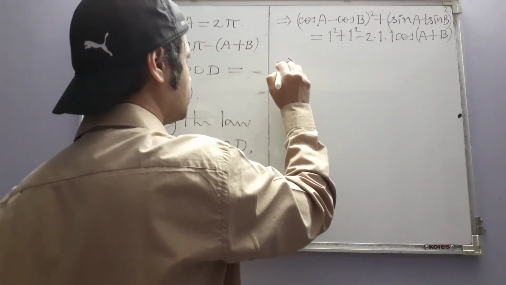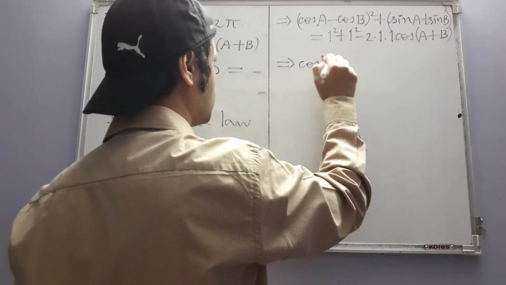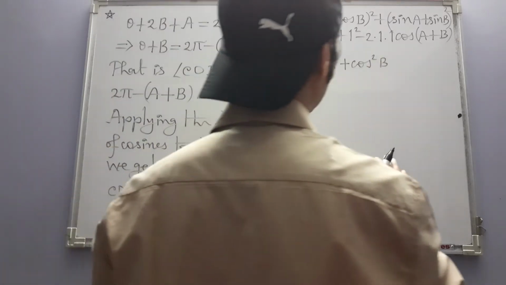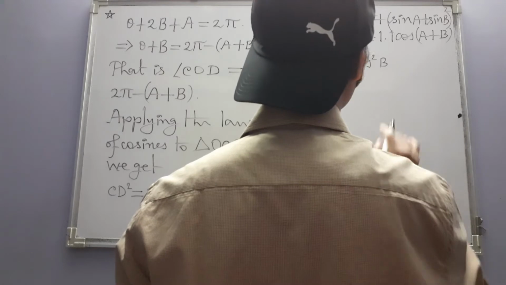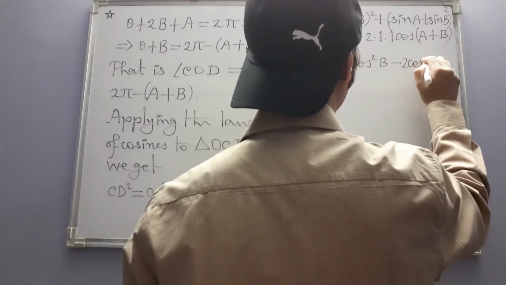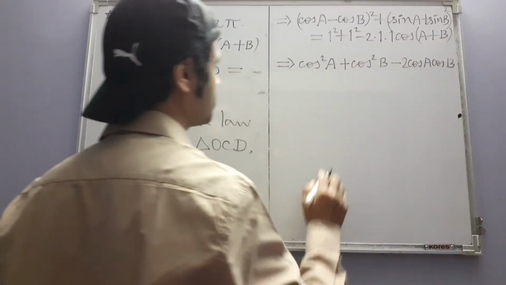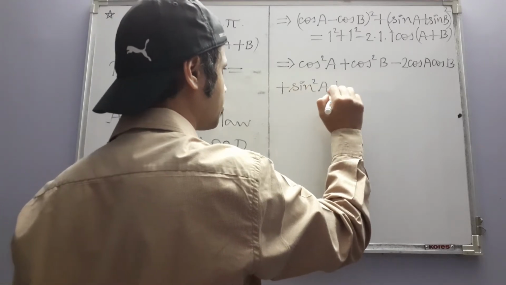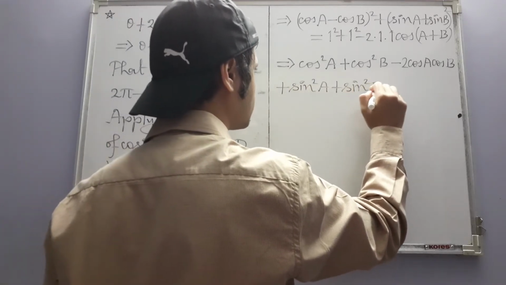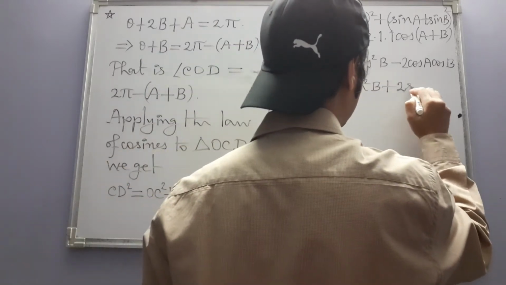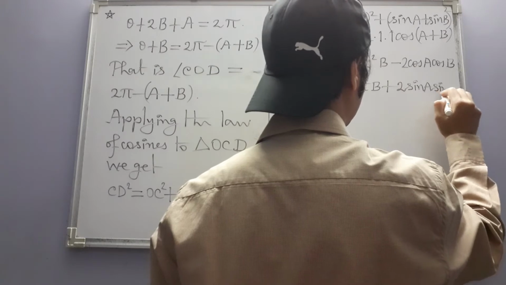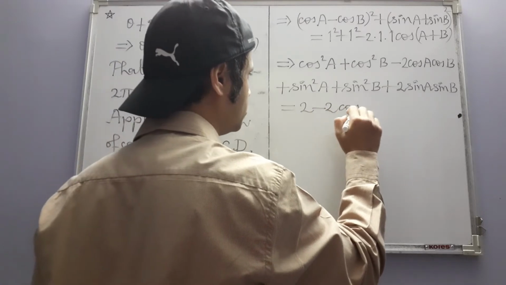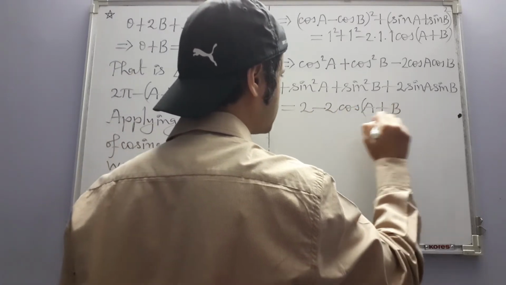Now if you expand the squares, you get this: cos square A minus 2 cos A cos B plus cos square B, and expanding that one we get sin square A plus sin square B plus 2 sin A sin B. On this side we have 2 minus 2 cos A plus B.